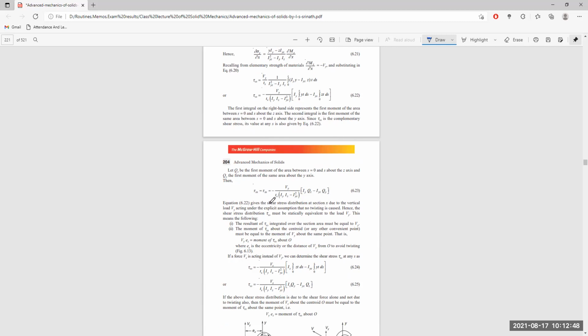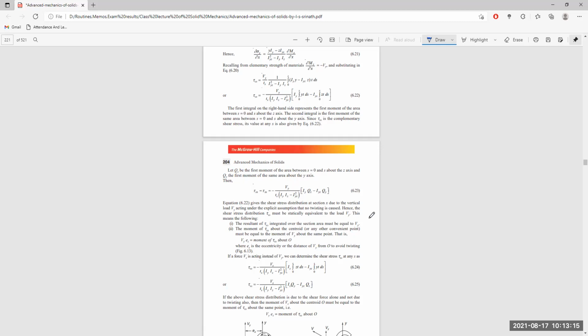This distribution gives us the shear distribution at section x due to the effect of the vertical load P, under the explicit assumption that no twisting is created. Hence, the shear stress distribution tau xy must be statically equivalent to the load Vy.